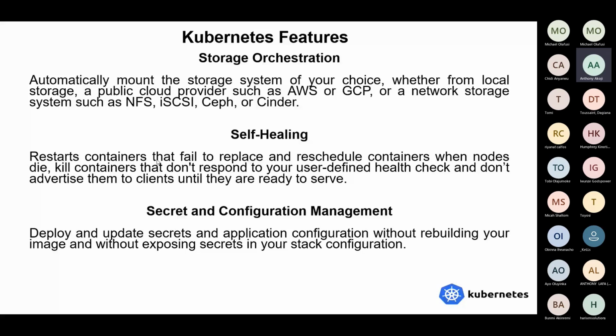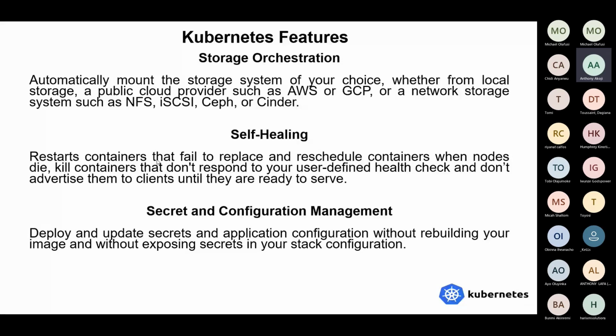Then the next characteristic of Kubernetes is self-healing. This comes in such a way that when your service goes down, for instance, or your server goes down, maybe you are using the normal way of doing things, when it goes down, sometimes you might have to go back and restart it by yourself.